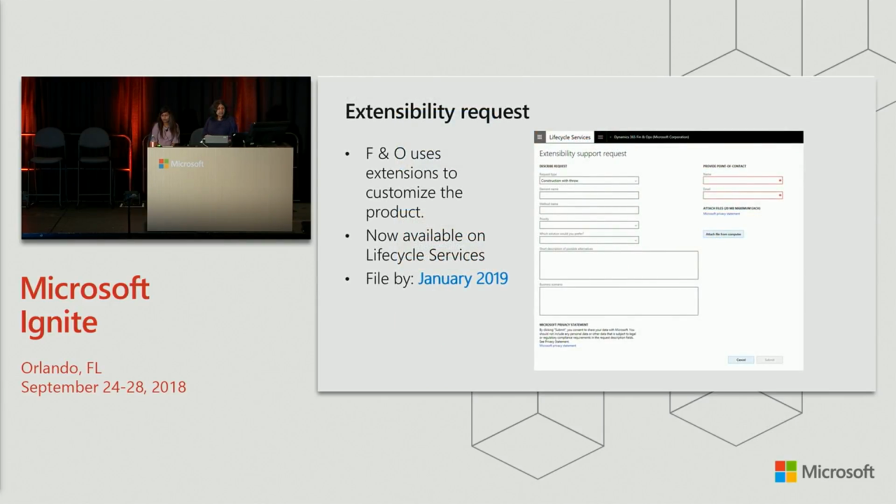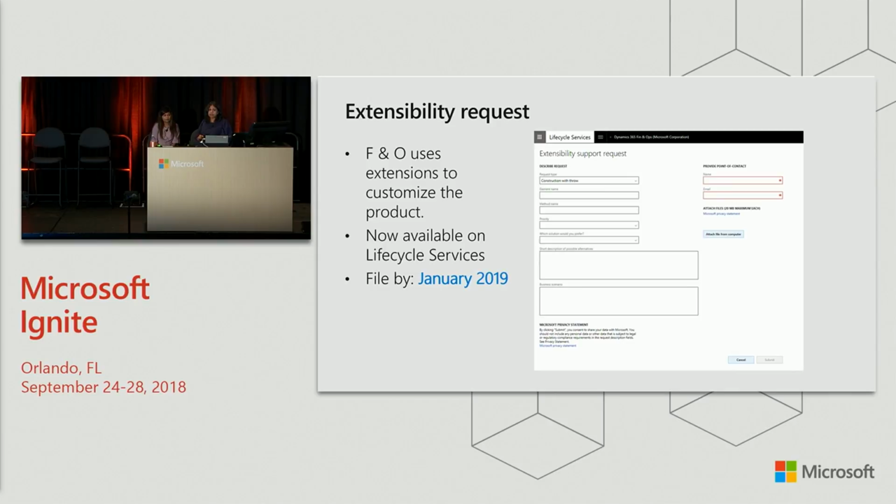Moving on to the next topic in build itself. As you all know, 8.0 is the first major version where we made all extensions available and we don't allow any overlayering essentially. So we do have the ability for you to log a new extension support request.